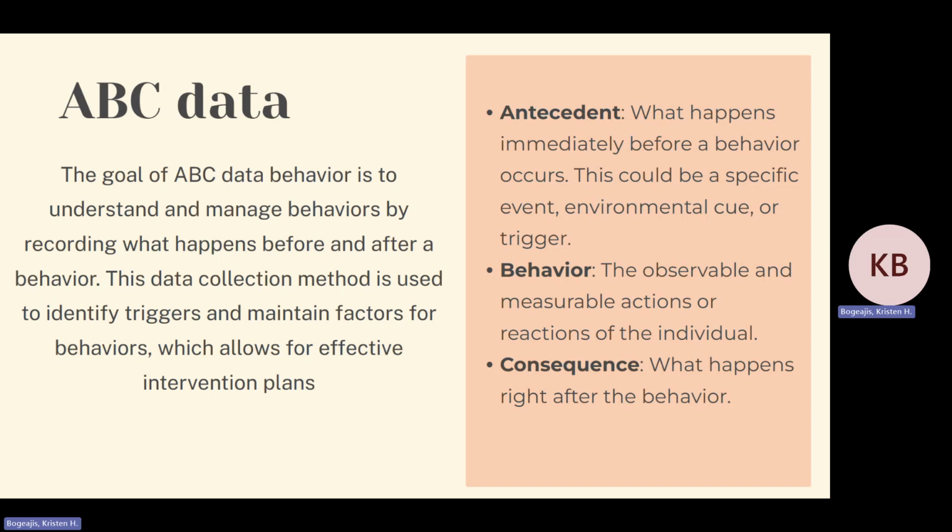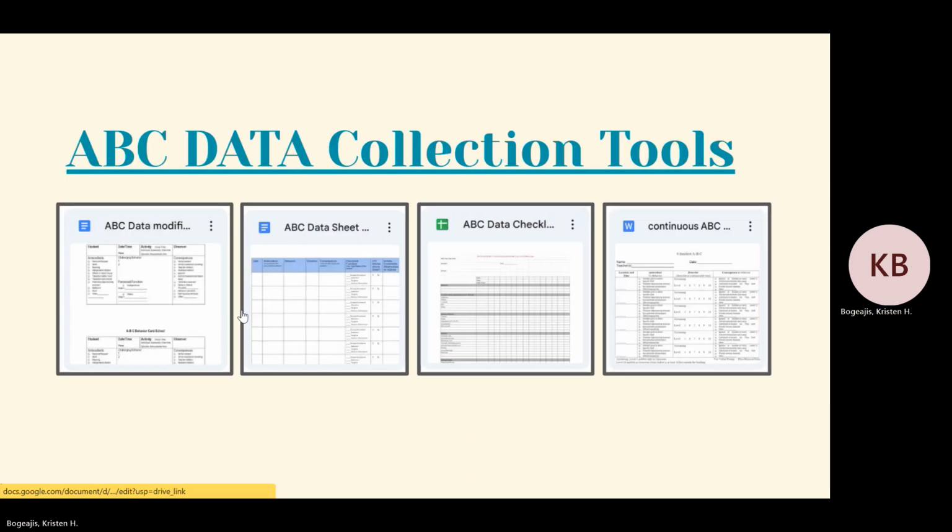This data collection method is used to identify triggers and maintaining factors for behavior, which also allows for effective intervention plans. An antecedent is what happens immediately before a behavior occurs. This could be a specific event, environmental cue, or a trigger. Behavior is the observable and measurable actions or reactions of an individual, and the consequence is what happens right after the behavior.